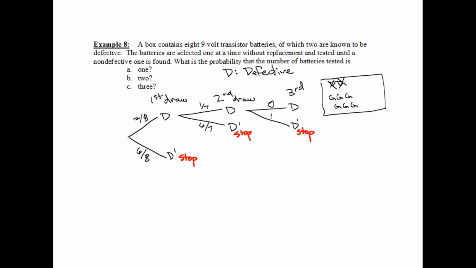So now we need to figure out the answers to our questions. Let X be the number of batteries drawn. I'm introducing this other variable so that we can write things in a clear way with correct notation.